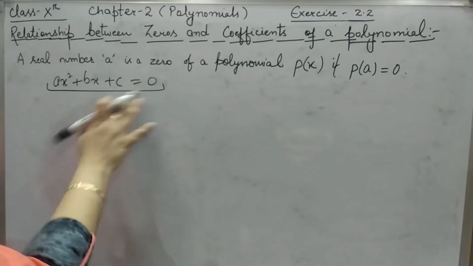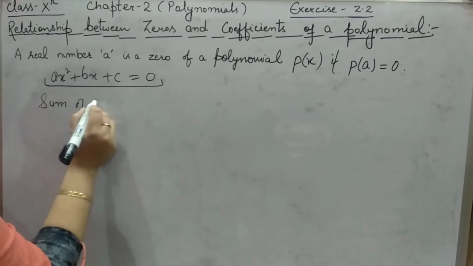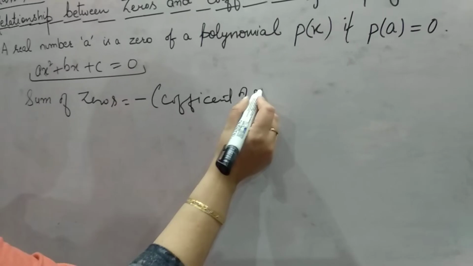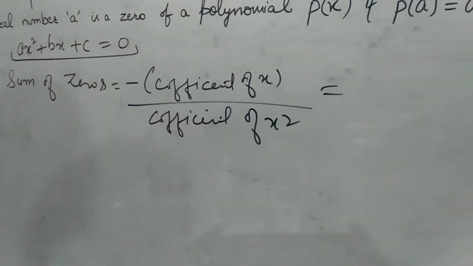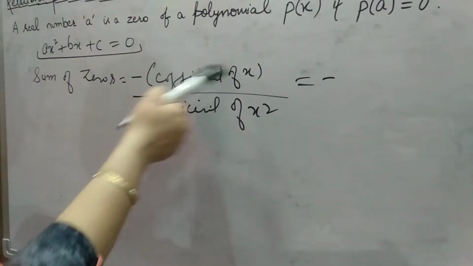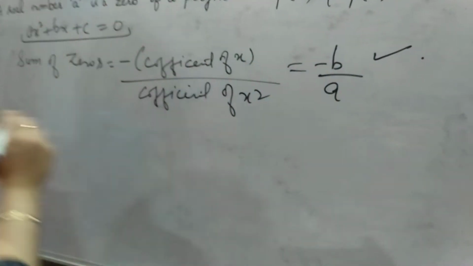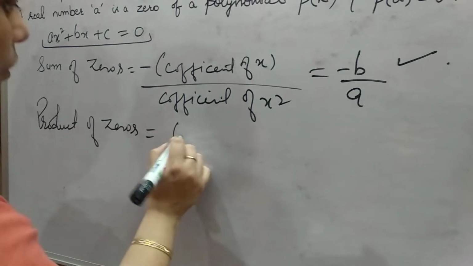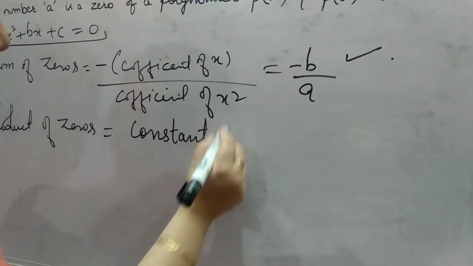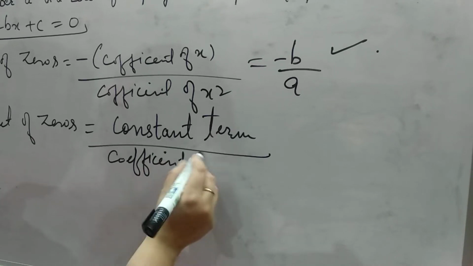Now, if I find the sum of zeros, it is equal to minus coefficient of x upon coefficient of x square, that is minus b upon a. And the product of zeros is equal to the constant term upon coefficient of x square.